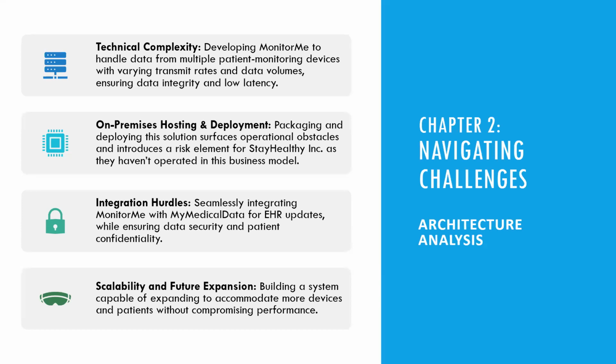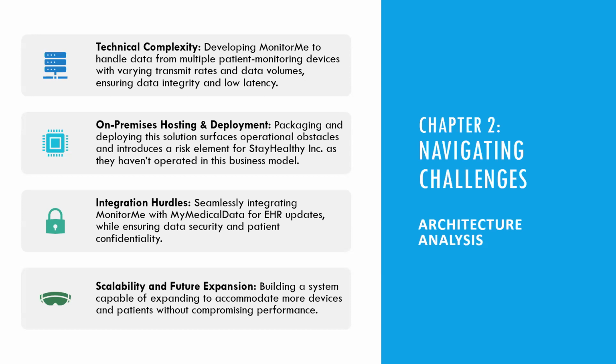The next chapter is where we start getting into technical complexities of handling variable rate data emissions coming from IoT devices while still considering reliability, high availability, real-time operations, and low latency. There were deployment and hosting considerations given the solution had to be hosted on-prem, and this was a business risk for StayHealthy as they hadn't operated in such a business model before.